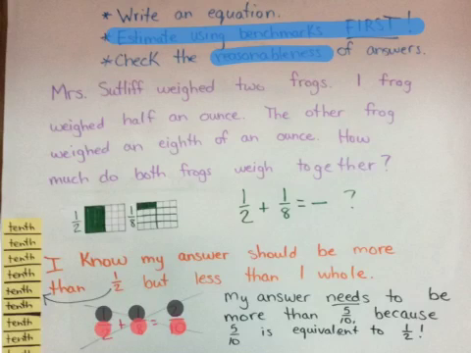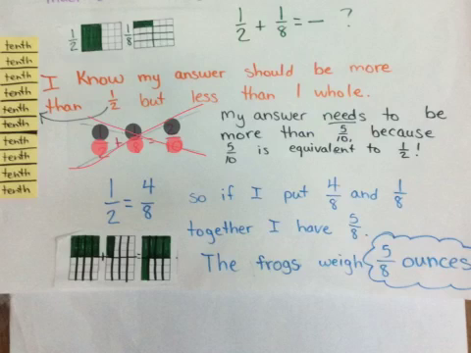Okay, so your answer needs to be more than 1/2 because you're adding 1/2 to 1/8. It's really important that you estimate first. If you estimate and you have a very reasonable estimate, you'll realize that this right down here makes absolutely no sense.